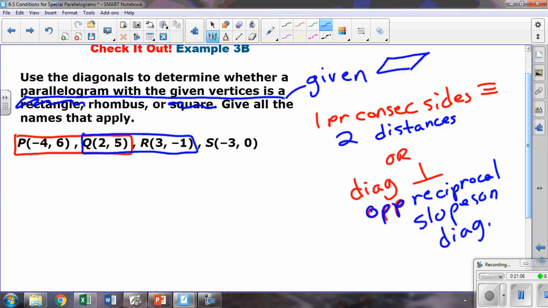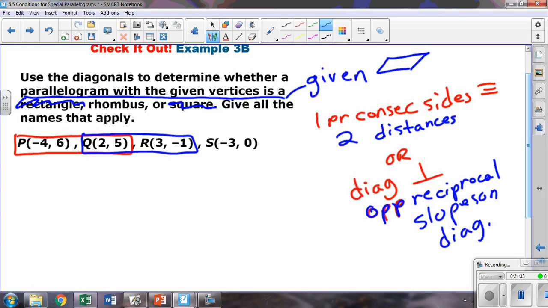If we wanted, we could go through and get a distance formula to check if the sides are the same length, or we could grab the diagonals and check to see if their slopes are opposite reciprocals. Both methods will get us there. It's just picking the one that you want to go with. So which one do you want to do? Do you want to do slopes again, or do you want to see how we can use distance?